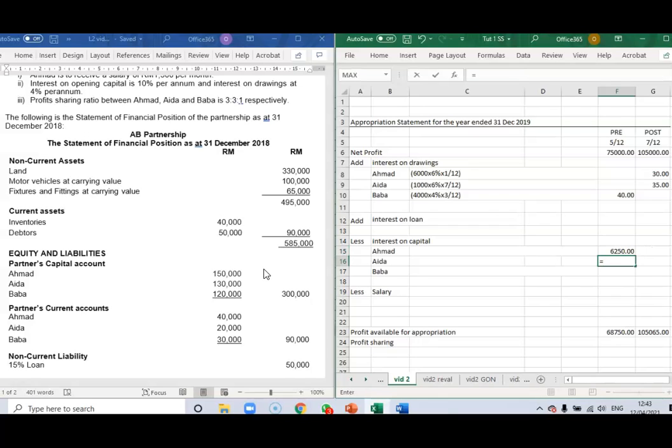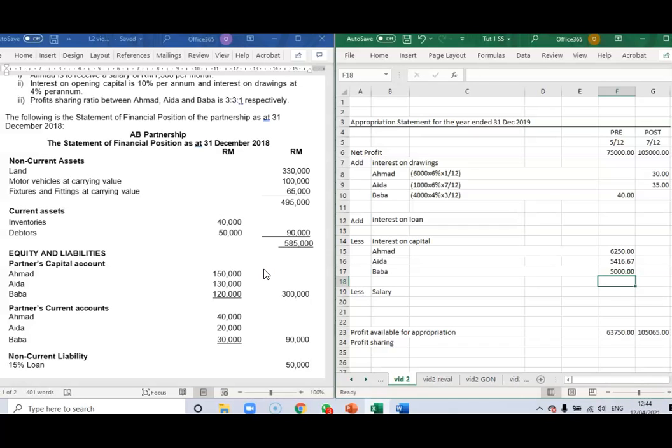The same goes to Aida, 130,000 of her contributions, opening balance of capital. Then multiply by 10% and multiply by 5 over 12. The same goes to Baba. The interest on capital is 120,000, and multiply by 10% and multiply by 5 over 12.